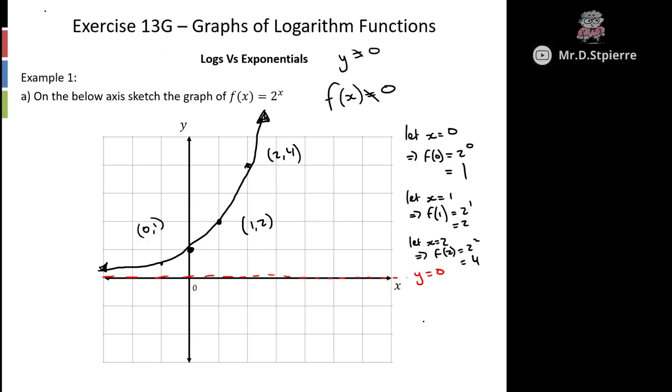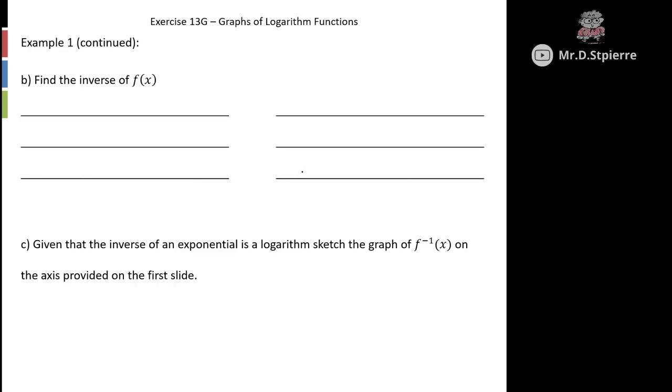If we let x equal 4, we get f of 4 is equal to 2 to the power of 4, which is 2 times 2 is 4, times 2 is 8, times 2 is 16. So by the time we get to this point, we're up at 16, off the page. So it gets real big, real quick, and that gain increases. Okay, so that is a reminder.